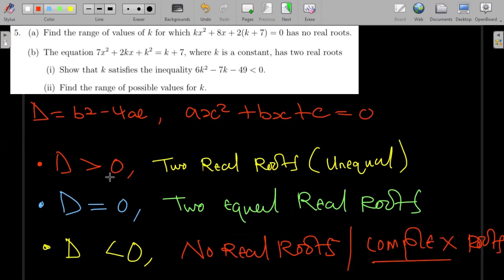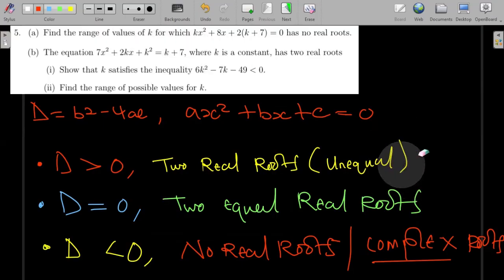So if the discriminant is greater than 0, we said two real roots; equal to 0, two equal roots; if the discriminant is less than 0, the quadratic equation has no real roots. So we can use this to determine the nature of a quadratic equation, even without solving it. This is important for solving this equation.